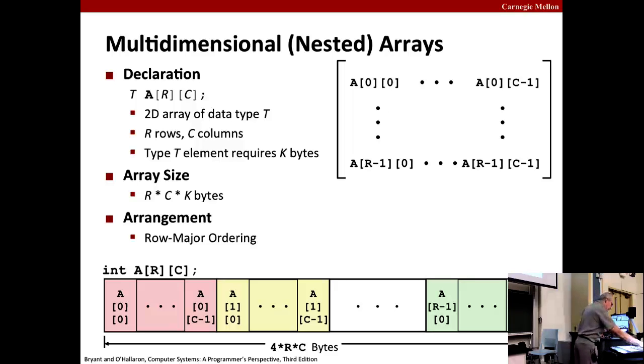So let me just give you a preview of what's so interesting about this. I'm going to give you some numbers, and then we're going to have to explain how those numbers come about. Okay.